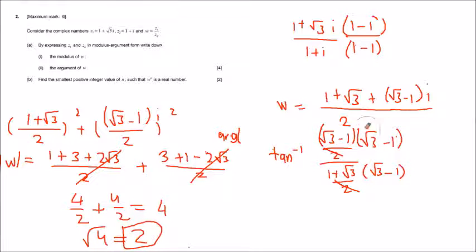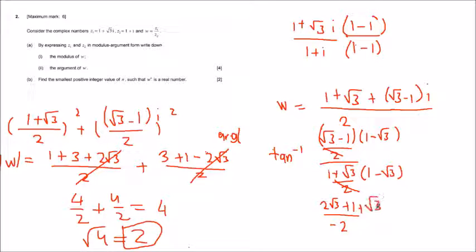Actually, no, this is wrong. Don't rationalize like this. Just do 1 minus square root of 3, and then 1 minus square root of 3. You have to do the conjugate. This will give you 1 minus 3, which is minus 2, and at the top it will give you square root of 3 plus square root of 3, so 2 square root of 3, and then plus 1 plus square root of 3.